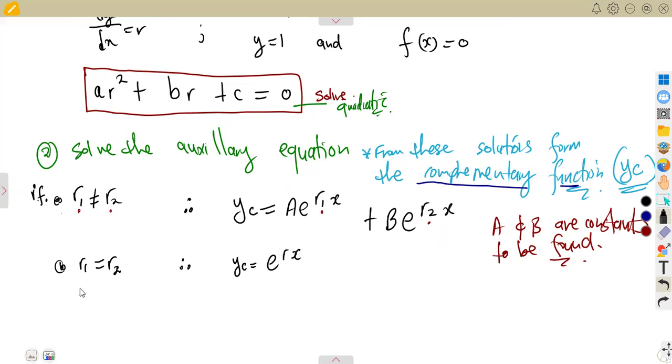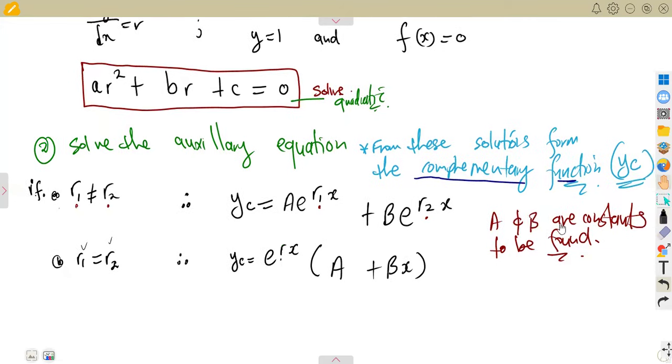Remember, the R that we have here is the same R, so it is going to be A plus Bx, where again, A and B are constants to be found. This is what we have in each and every condition.